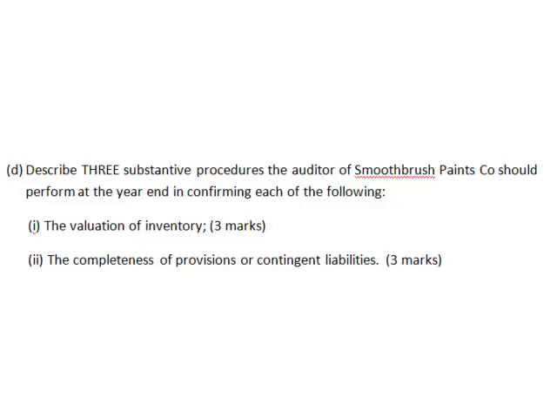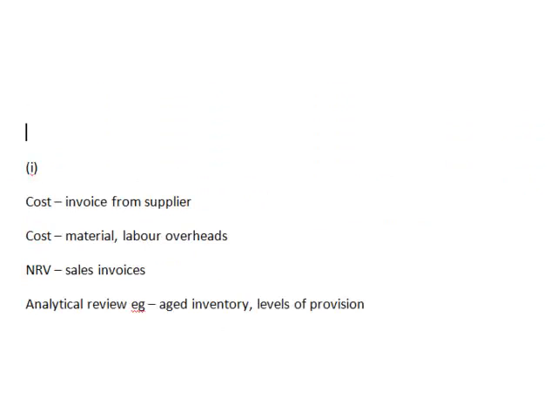Let's think about the valuation of inventory, and of course inventory is valued at the lower of cost and net realizable value. So we need substantive procedures to address both of those. So here is our suggestion.